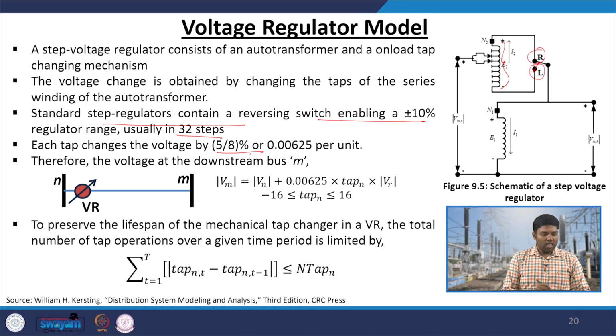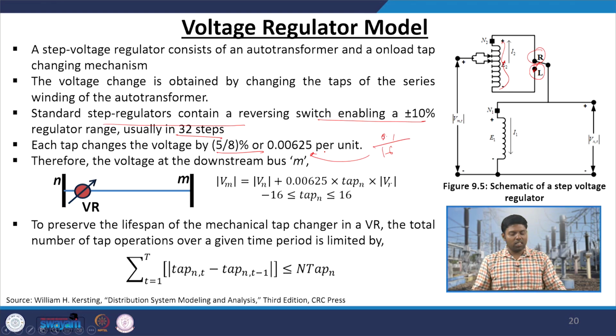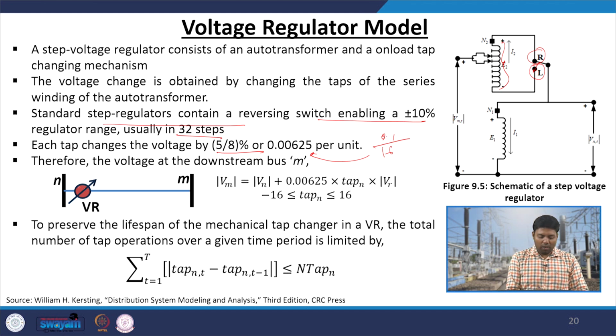If you do 0.1 per unit operation with 16 steps, then each step can change the voltage level by 0.00625 per unit, or 5 by 8 percent. So, if you have a voltage regulator connected at bus N and you want the voltage at bus M, voltage magnitude only.